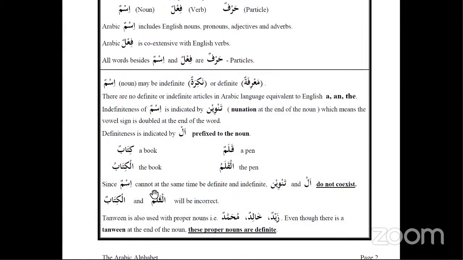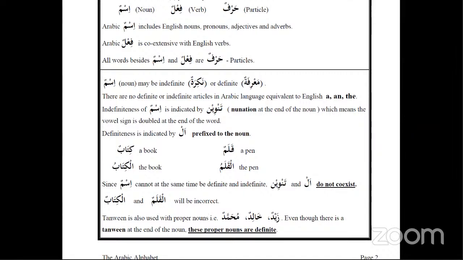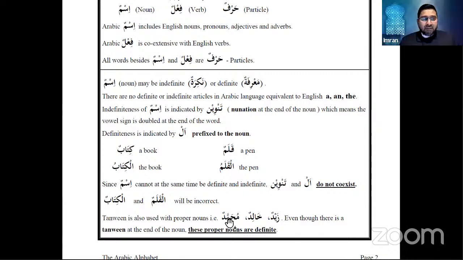An ismun cannot at the same time be definite and indefinite, because having a tanween is a sign of an indefinite noun, a book or a pen. Al and tanween do not coexist, so al-kitabun and al-kalamun would be incorrect. Right. Does anyone else have any questions?